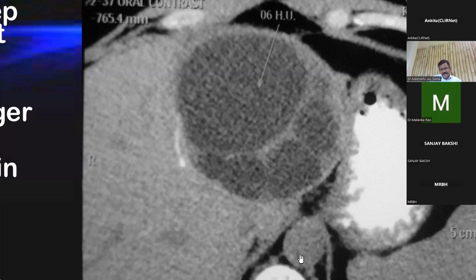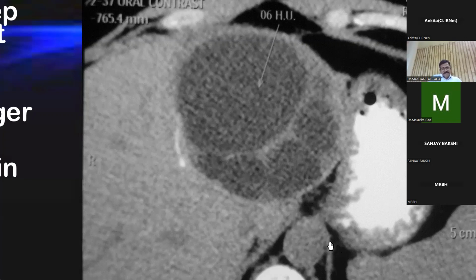Big vessel in front of the vertebral body. What is that? Sir, aorta. Yes, aorta. So do you find any dye in the aorta? No, sir. So is this a plain CT scan or a contrast CT scan? Sir, this is a plain CT scan, sir. Plain CT scan. Therefore, in the stomach you find some contrast. It's an oral contrast given. Yes, sir, oral contrast given.